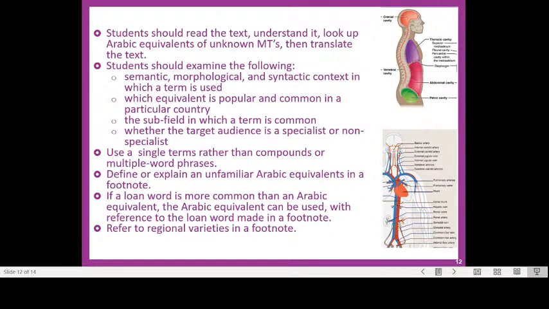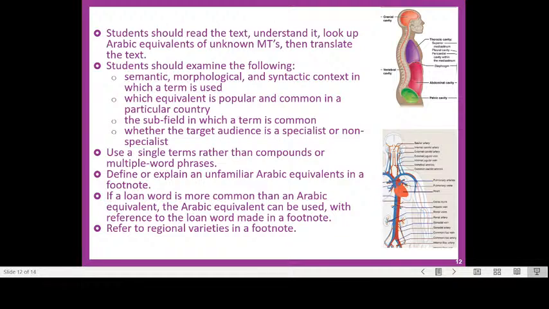In addition, I recommend that students read the text, understand it, look up Arabic equivalents to unknown medical terms, then translate the text. Students should examine the following. They should examine the semantic, morphological, and syntactic context in which a term is used.